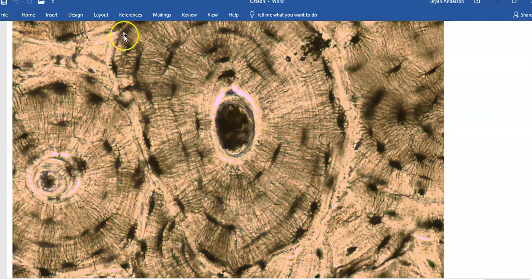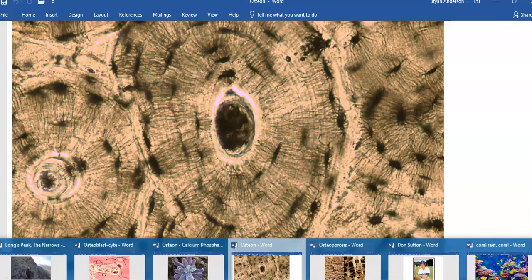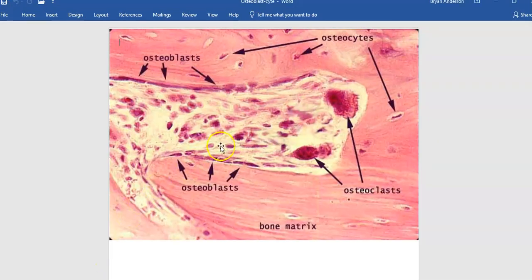And this basic functional unit has some certain parts. So this whole round structure here is called an osteon. And this is produced by cells, bone cells, called osteoblasts, which are immature and become osteocytes as they mature. So just so you know what that might look like, this is an actual picture. It doesn't really help a lot, but osteoblasts are these cells that are lining along here.